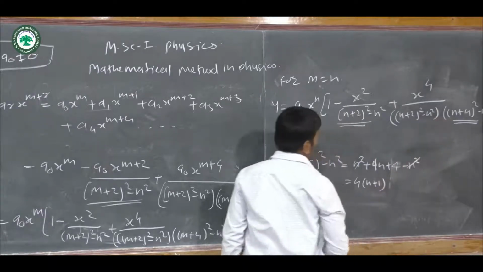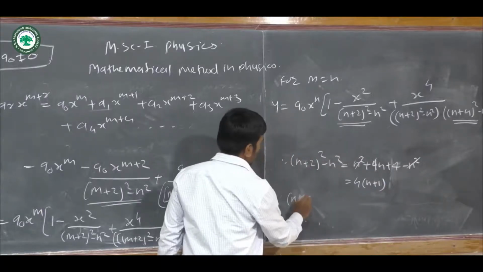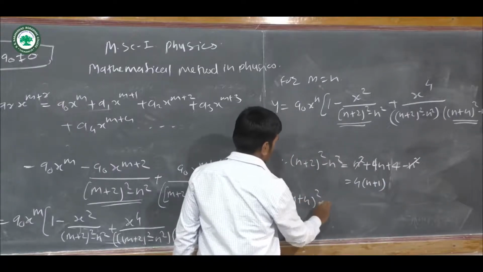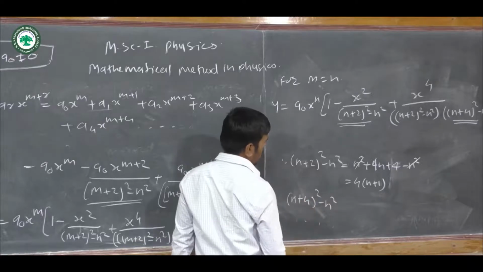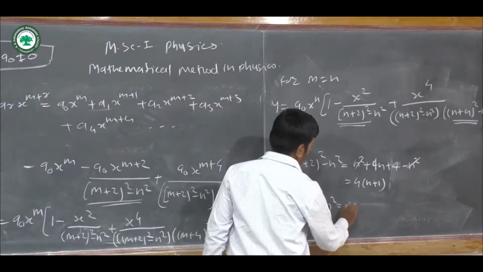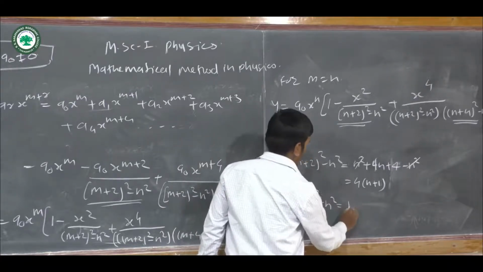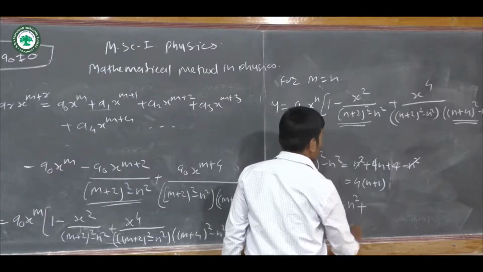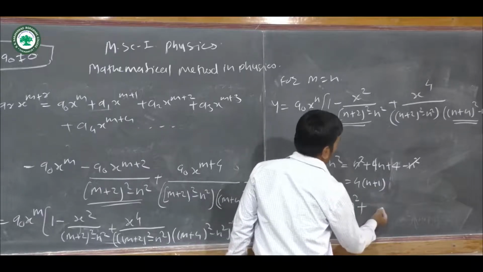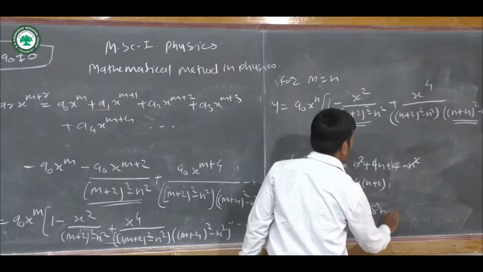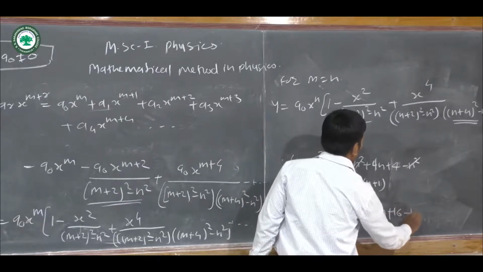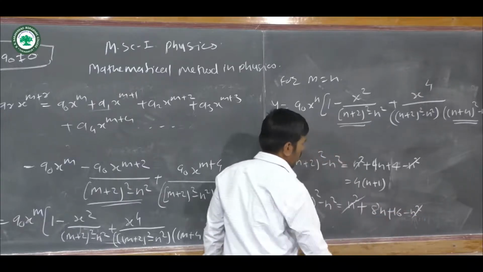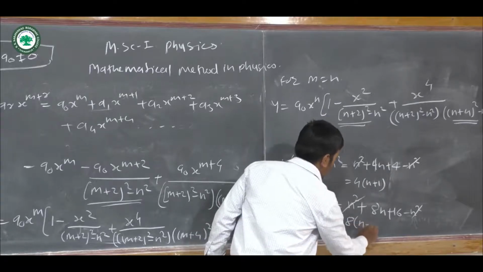Same for this, (n plus 4) bracket square minus n square is equal to n square plus 8n plus 16 minus n square. So this will cancel, and 8n plus 16, that is 8 into (n plus 2).